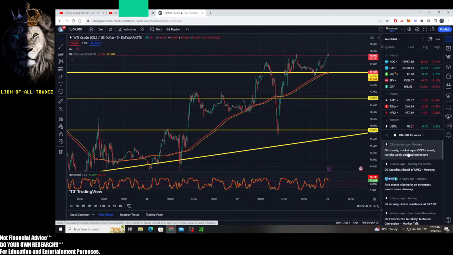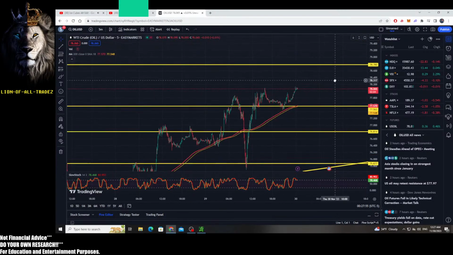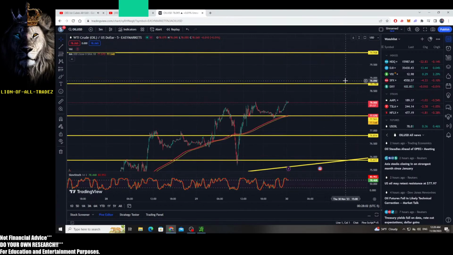Oil steady. Market eyes OPEC plus, weighs weak demand indicators. 2 hours ago, U.S. oil may retest resistance at 77.97. Yeah, I think we broke that already. And I think we're definitely going to reach 79.